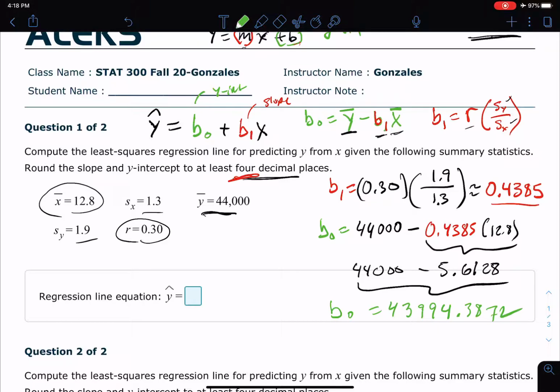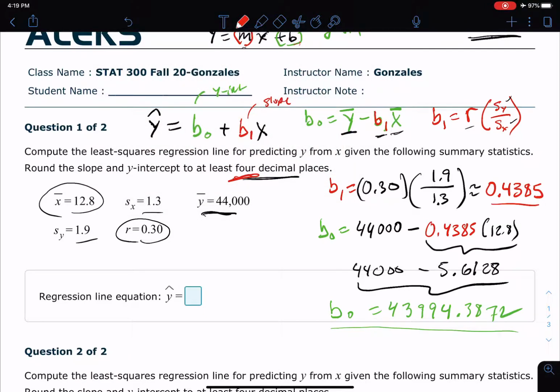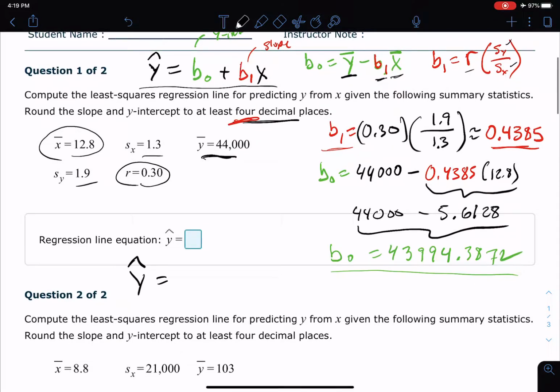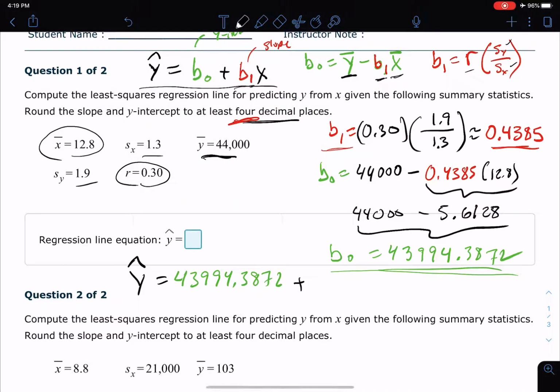So now I have all the parts that I need, right? I've got my b sub 0, and I've got my b sub 1. And those are the pieces I need for this regression line. So here it is. The regression line formula is y hat equals my b sub 0, which is 43,994.3872, added to b sub 1.